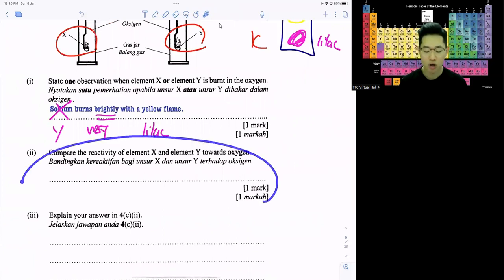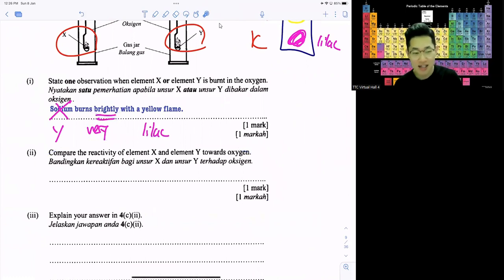Then they want us to compare the reactivity. 你看啊，一个是 brightly, another one is very brightly.